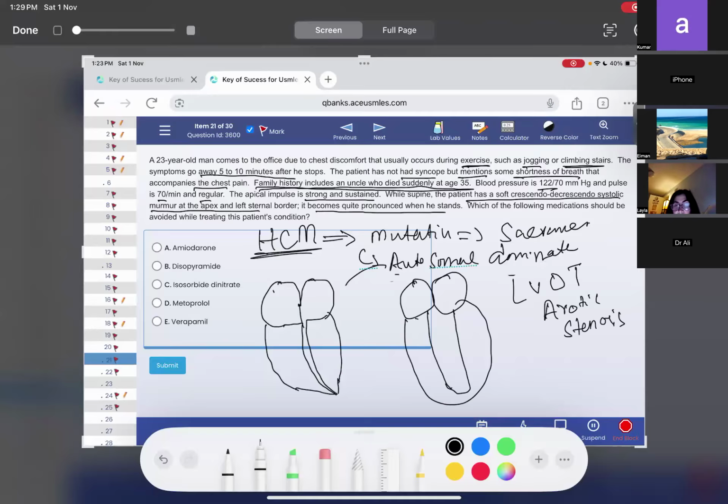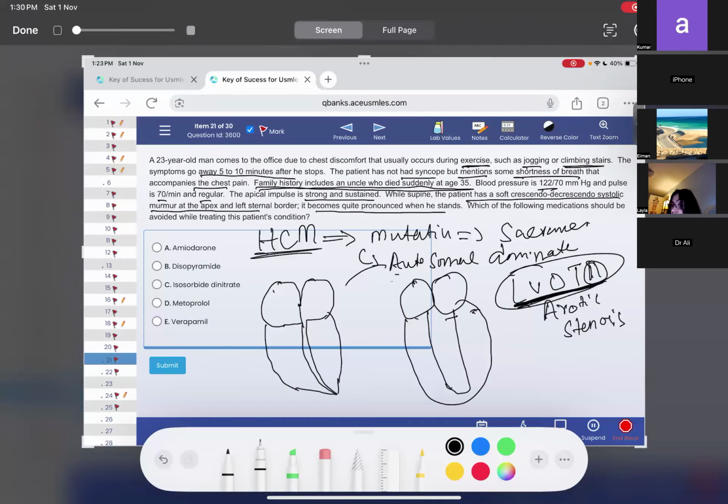When the septum contracts, the walls will come together, and as a result the left ventricular outflow tract will become obstructed. This is similar to tetralogy of Fallot, in which there is a right ventricular outflow tract obstruction.